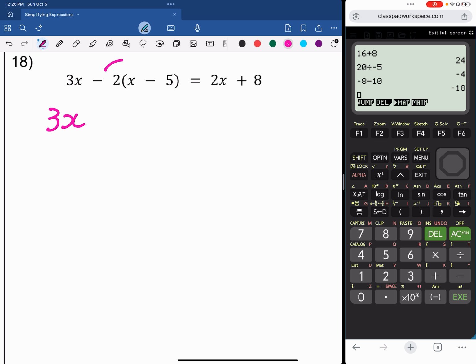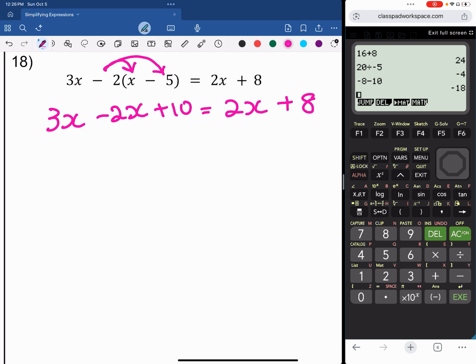-2 times x is -2x. -2 times -5 is +10. All of that is equal to 2x plus 8. Now, notice that I have 3x and -2x on the left side of the equation.